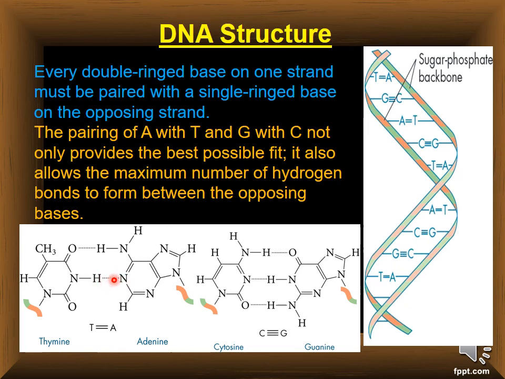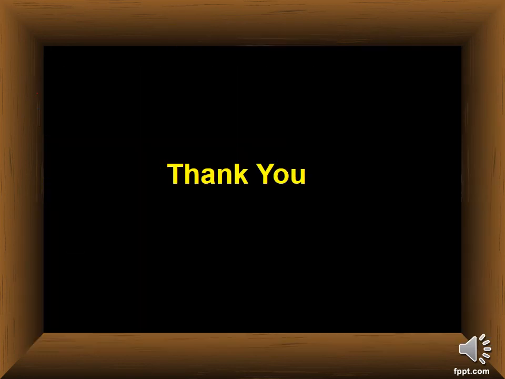So two hydrogen bonds, a double hydrogen bond here, and here you can see how many hydrogen bonds can be formed: 1, 2, 3. So three hydrogen bonds. Because of this hydrogen bonding, the molecule is more stable. That's why the DNA structure is more stable. So remember the pairing, especially AT and government college.